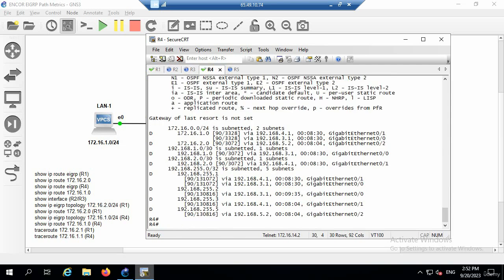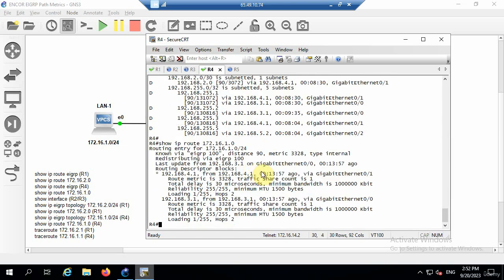If I go to R4, it's the same thing. It's got the same information. Traffic count is 1.